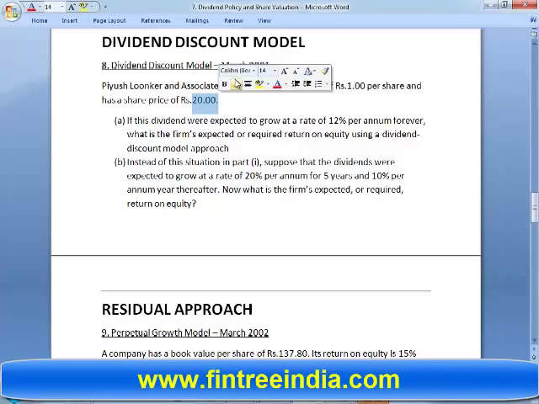Required rate of return can be calculated by inputting 20 in the Gordon growth model and solving for KE.